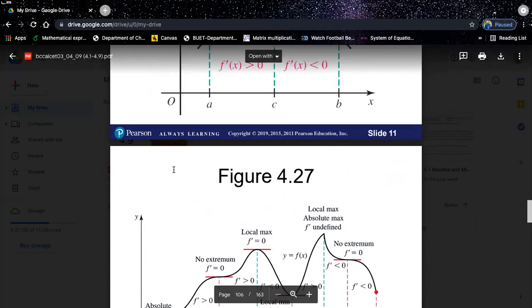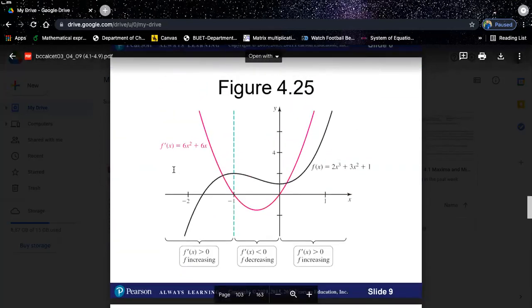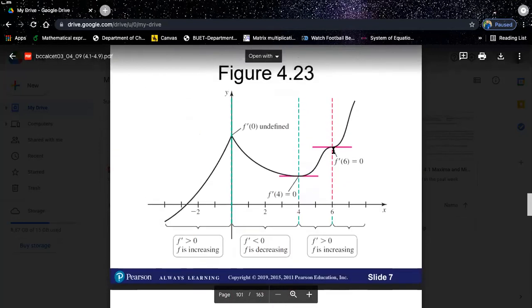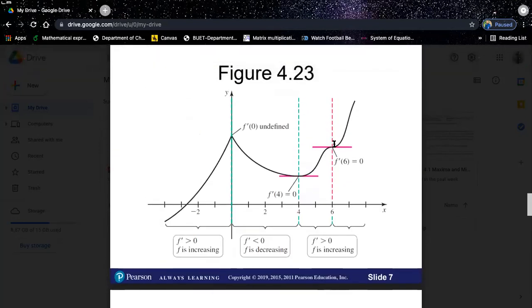And we have seen another example like this one. So at 6, it doesn't really change sign, although 6 is a critical point, right? There is a parallel line here. So definitely at 6, we have a critical point.